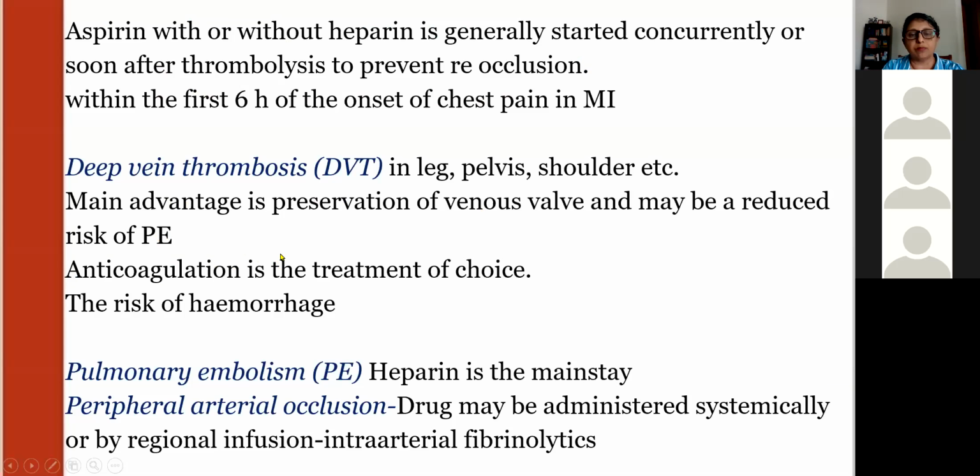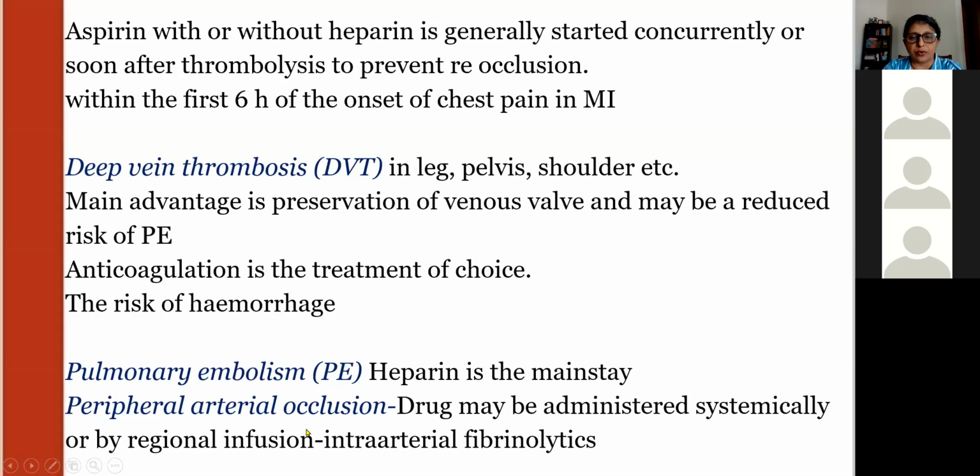Pulmonary embolism occurs by dislodgement of the thrombus, and that can be prevented. But usually for deep vein thrombosis, we give anticoagulants, because both have a risk of hemorrhage, but usually anticoagulants are used. Then for pulmonary embolism, again the anticoagulant heparin is the mainstay, but we can use thrombolytic drugs.